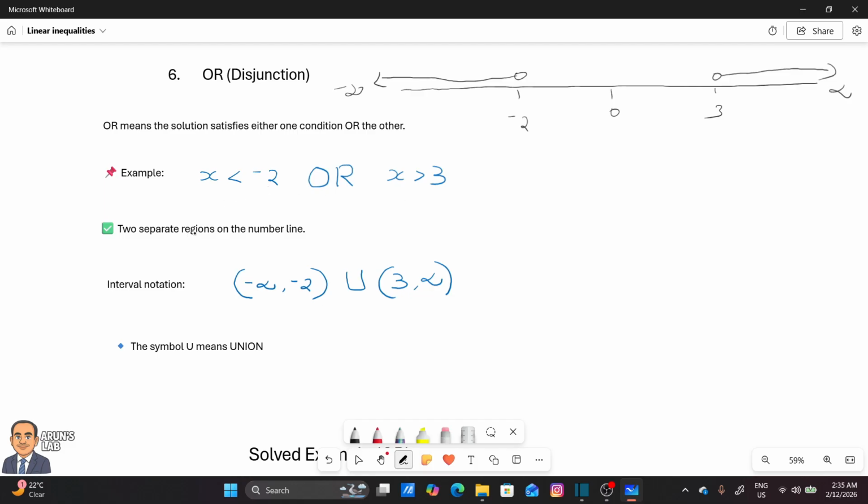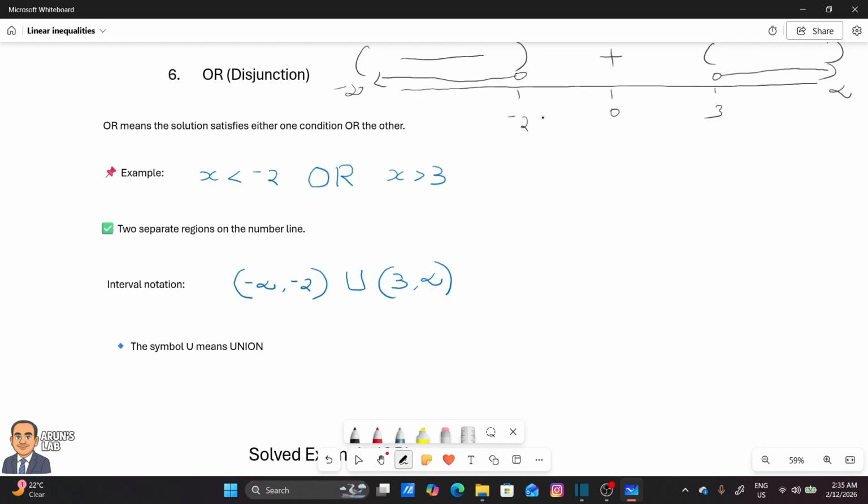So two separate regions on the number line. In interval notation it will be minus infinity to minus 2, union 3 to infinity. So all the values in this region plus this region together. By the definition, or means the solution satisfies either one condition.